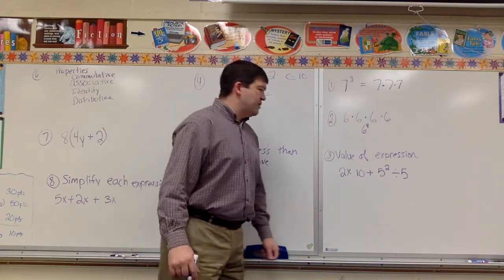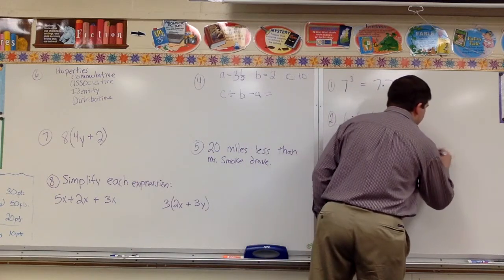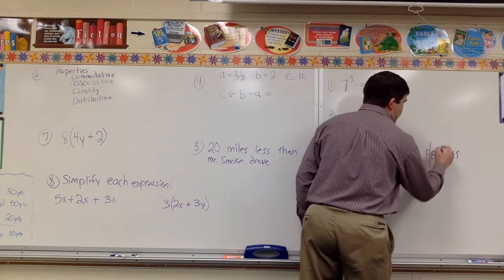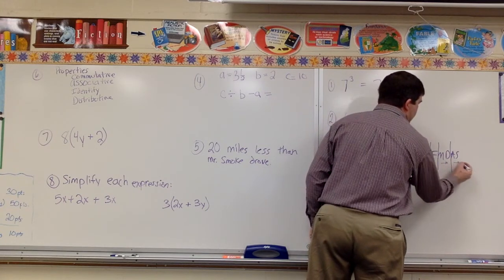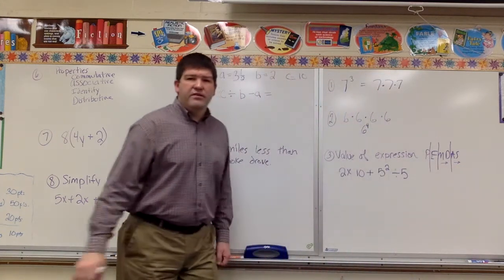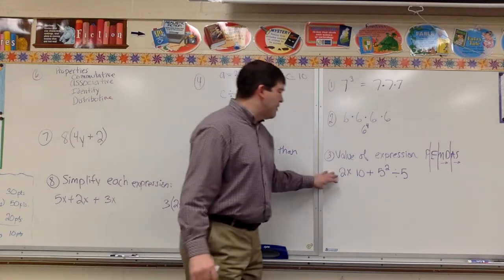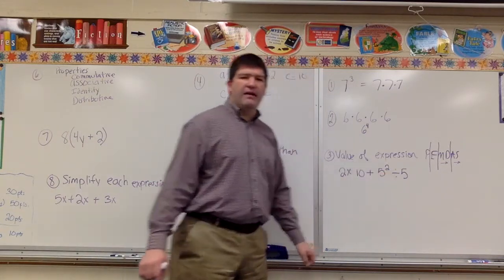Value of expression. This is the one where you have to remember PEMDAS: parentheses, exponents, multiplication and division, and then addition and subtraction. Okay, so we have this problem here: 2 times 10 plus 5 to the second divided by 5.